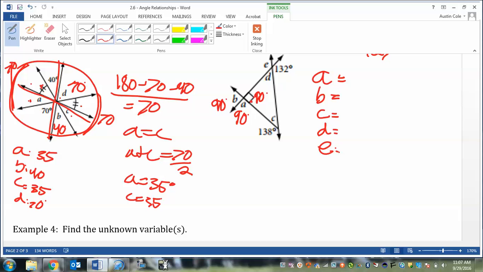Okay. When you start. Nice. So B is 130, right? 43.